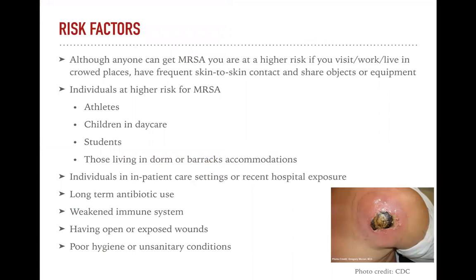Risk factors for MRSA. Although anyone can get MRSA, you're at higher risk if you visit, work, or live in crowded places, have frequent skin-to-skin contact, and share objects or equipment. I got my MRSA infection from the gym at the apartment complex I was living at the time.